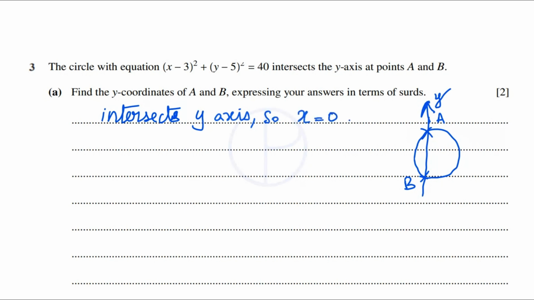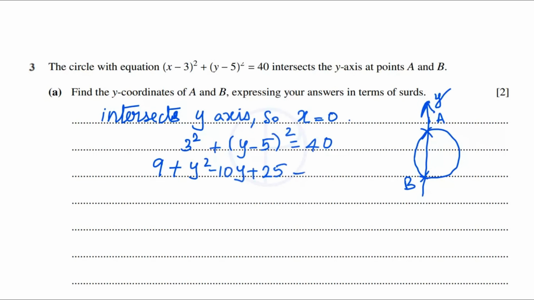Put x equal to 0 in the circle equation. So we get 3 square plus y minus 5 the whole square equal to 40. Okay. So 9 plus, expanding the brackets, we get y square minus 10y plus 25.